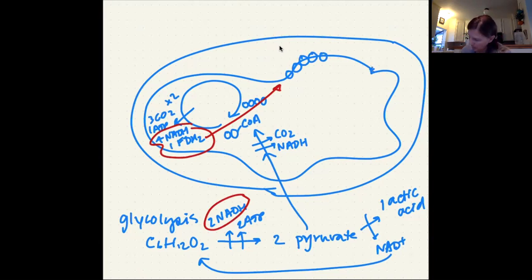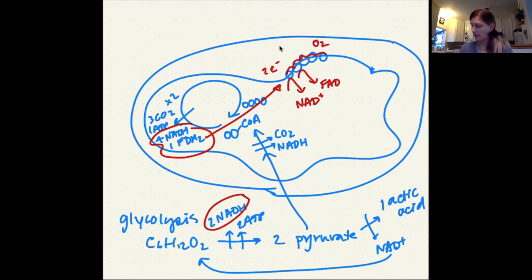And as those electrons from NADH and FADH2, so those are going to become oxidized, right? And as those are oxidized, the electrons are going to be moving through this chain. And as they move through the chain, their final electron acceptor is going to be oxygen.